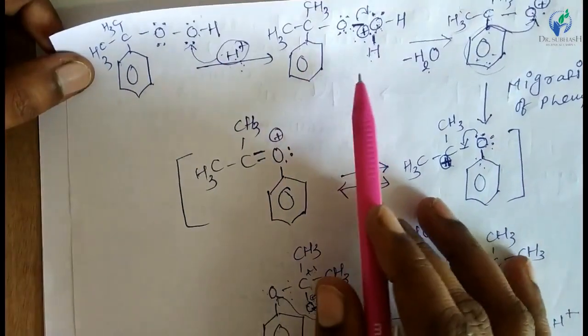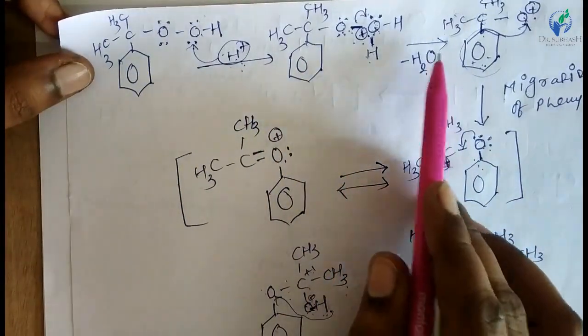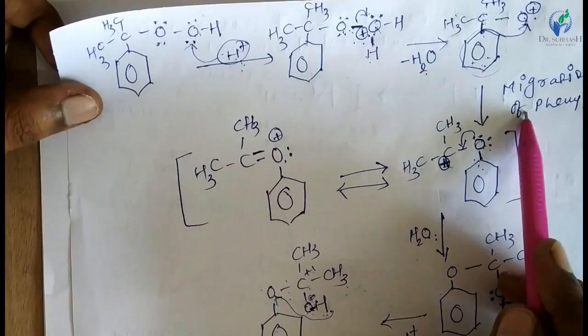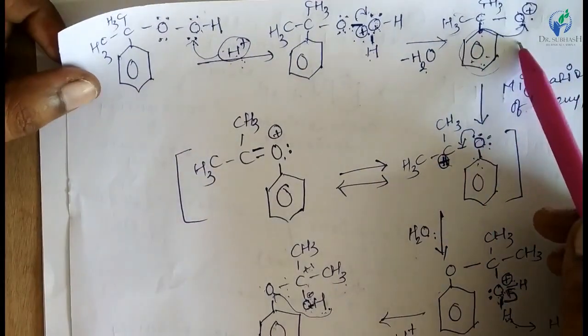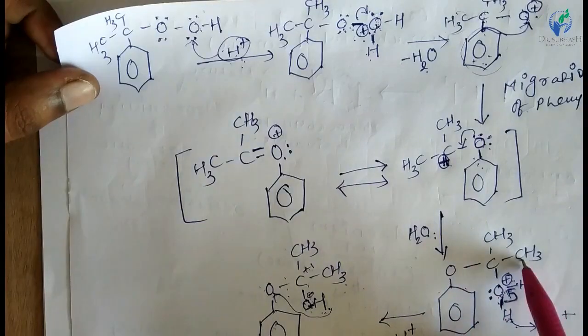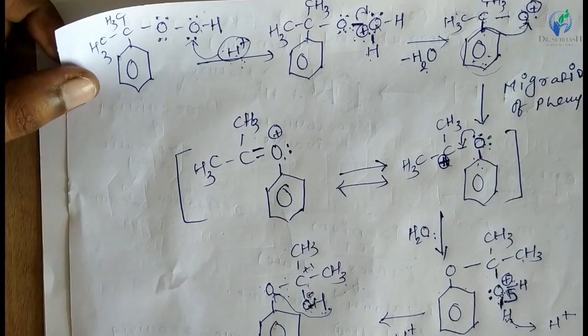Then second step is dehydration, removal of the water molecule. Third step is the migration of the phenyl ring to the positively charged oxygen, and next step is the addition of the water molecule, and forms the intermediate, and the last step is the hydrolysis of this intermediate to form phenol and acetone, right.